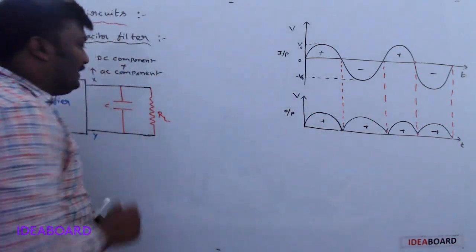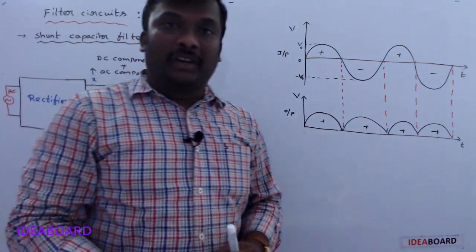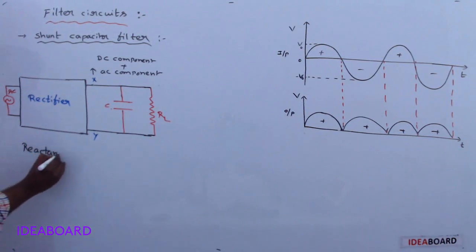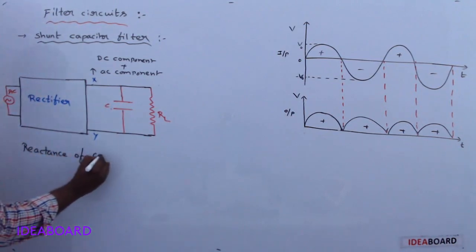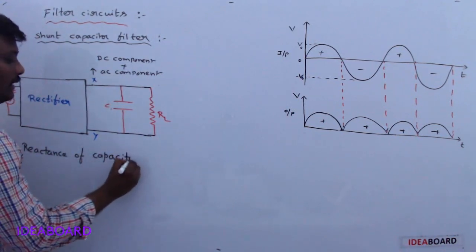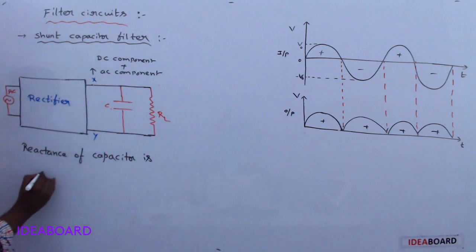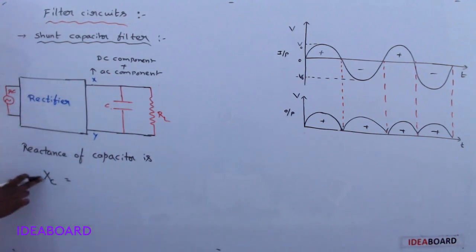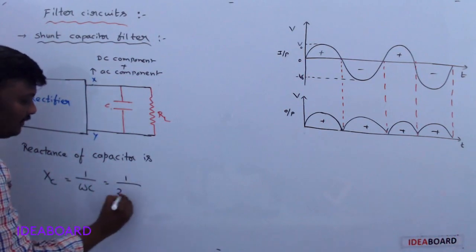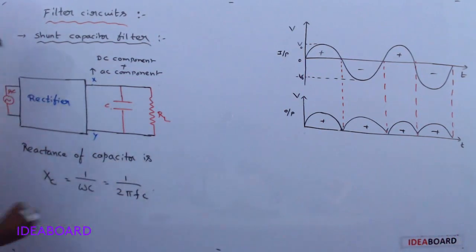If you connect it like this, what happens? The capacitor offers some reactance to the circuit. The reactance of the capacitor is denoted by XC. Its formula is 1 by omega C, or 1 by 2 pi fC.